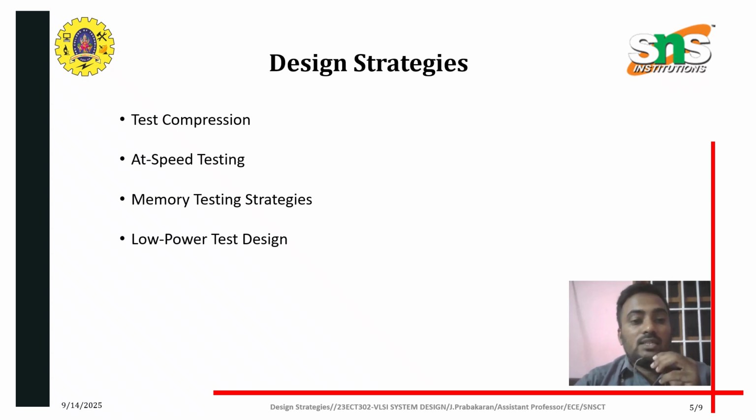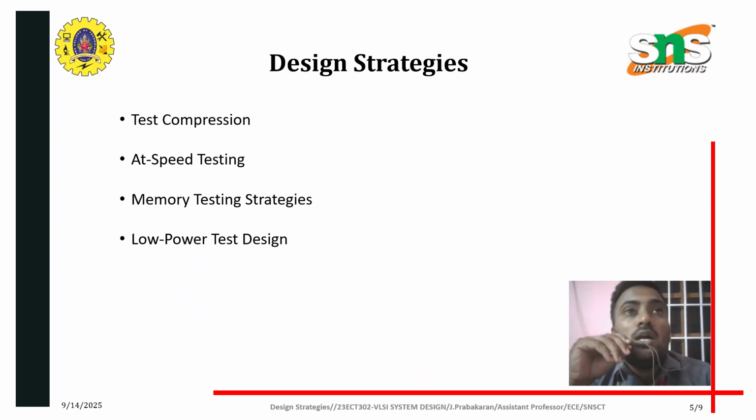Next one is test compression. Modern SOCs generate terabytes of test data, so compression is essential. Here we have some strategies like on-chip decompression of test stimuli and on-chip response compaction, which is a signature analyzer.